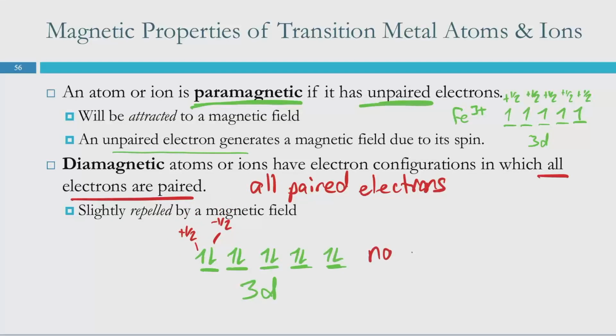We've got no net spin. And so it doesn't react to a magnetic field with attraction. It gets slightly repelled. The big things to memorize, probably just memorize these, right? Paramagnetic means that it has unpaired electrons. Diamagnetic, di like 2, it's got both directions. Diamagnetic means that all of our electrons are paired.